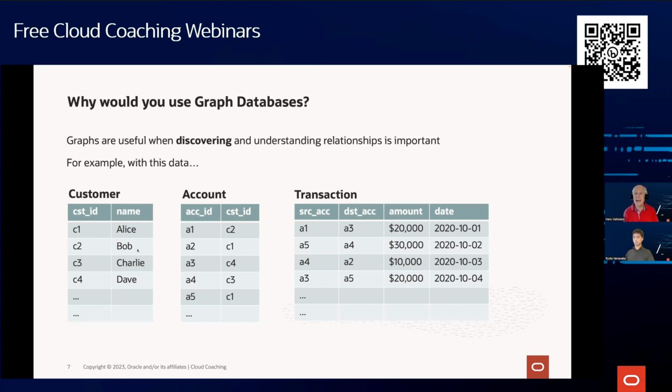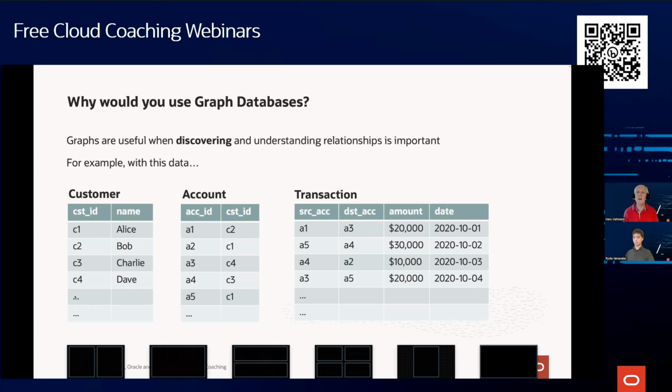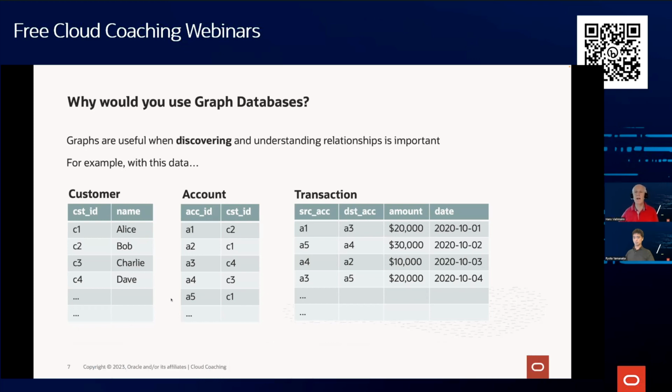And when I say money flow, that's not a direct transfer between Bob and Charlie, but sort of from Bob to someone else, to someone else, to someone else, and maybe ending up at Charlie. That's the first question. And two, are there clusters of transactions? That is, is there a pattern of frequent transactions among a group of accounts, while at the same time there are none or very few between that group and the remaining accounts?